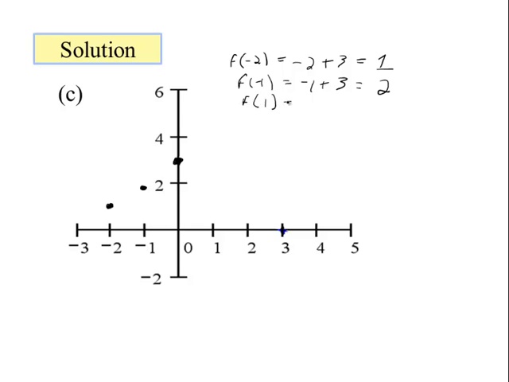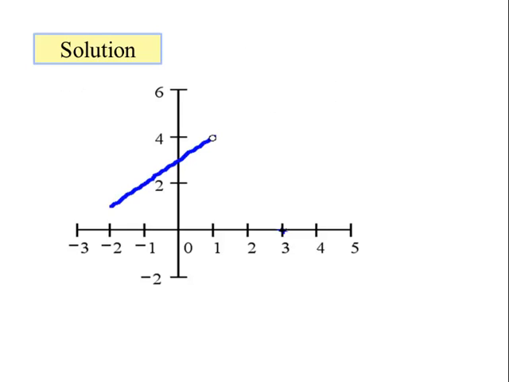Now when we do f of a positive 1, we no longer use this piece. This piece is only defined till we get close to 1. So we have an open circle here, and when x is equal to 1, the function is defined to be 3, so we put a solid circle at y equals 3.